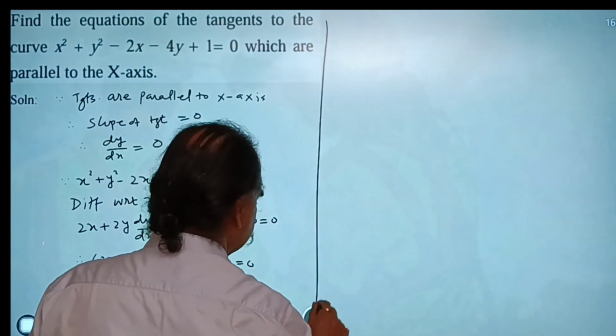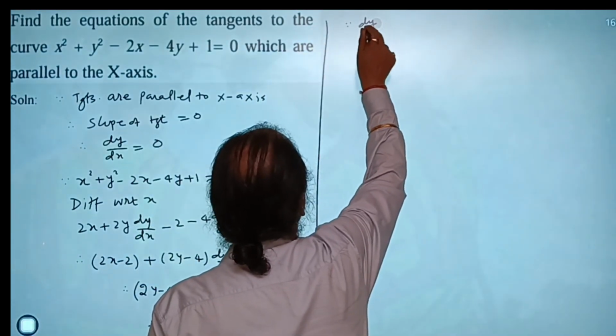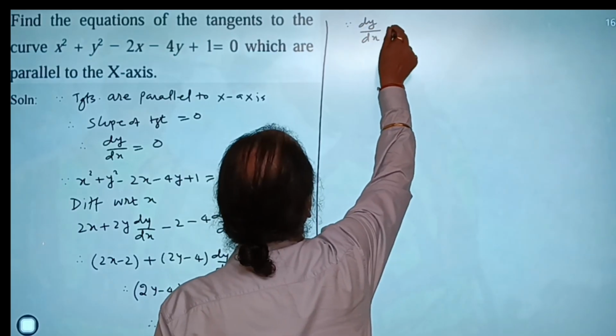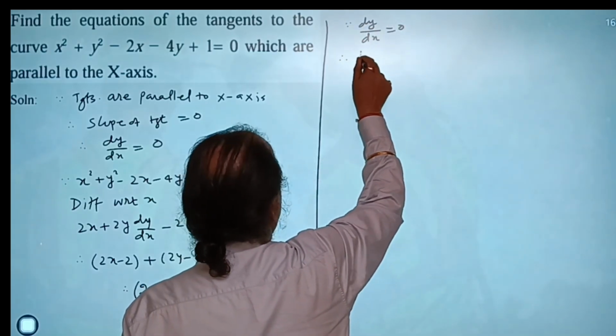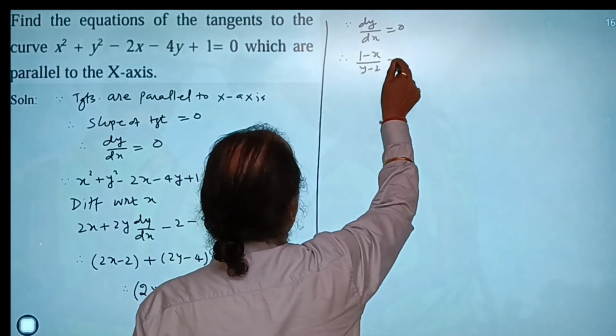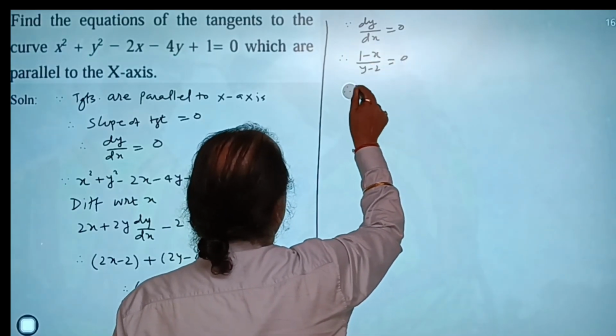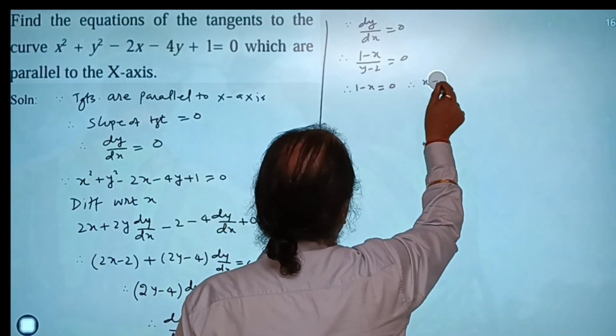Since dy by dx is 0, therefore 1 minus x upon y minus 2 is equal to 0. So 1 minus x is equal to 0. So x is what? 1.